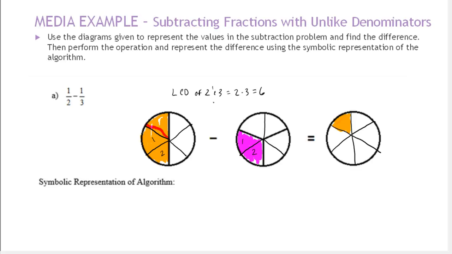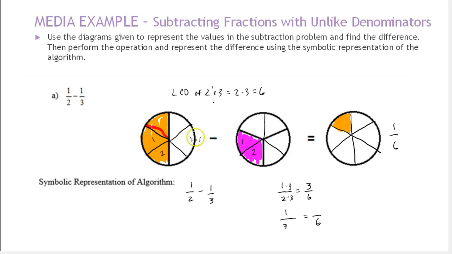Now let's write this with the algorithm. So we have 1/2 minus 1/3. On the side, we're going to rewrite 1/2 with a denominator of 6 by multiplying by 3/3, which gives us 3/6. We'll write 1/3 with a denominator of 6.